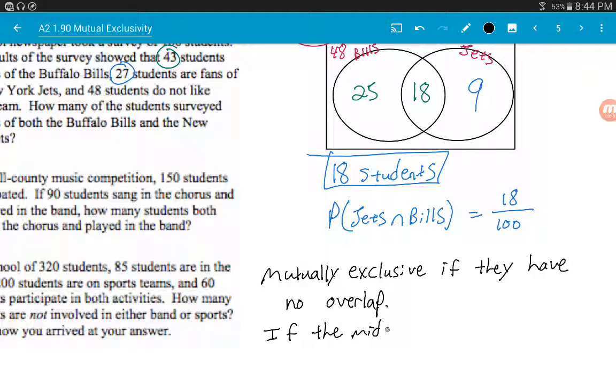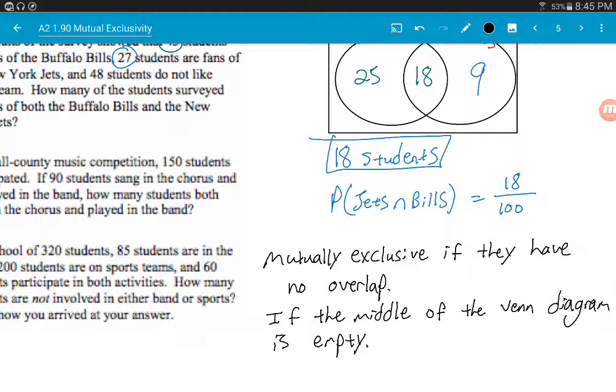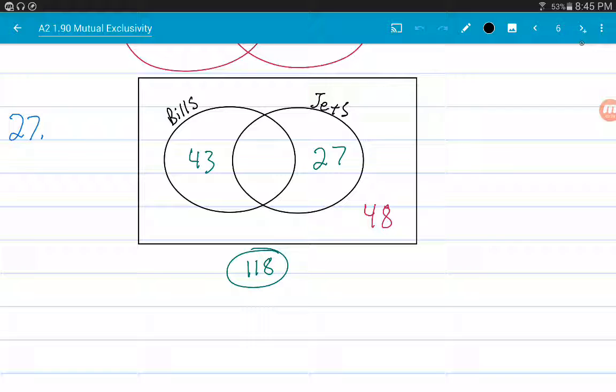If the middle of the Venn diagram is empty. So for instance, if I wanted to give you a mutually exclusive example, it might look something like this.